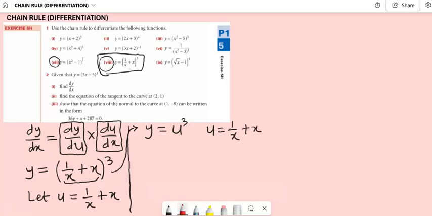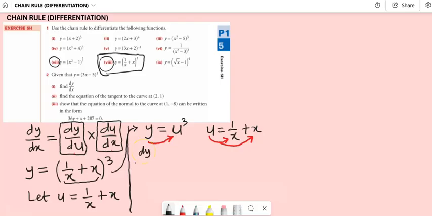Now, the next step is to differentiate y with respect to u and differentiate u with respect to x. So in that case, I will get my dy du and my du dx. Now let's go.